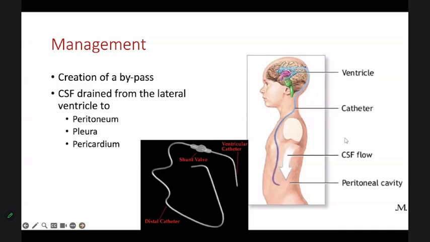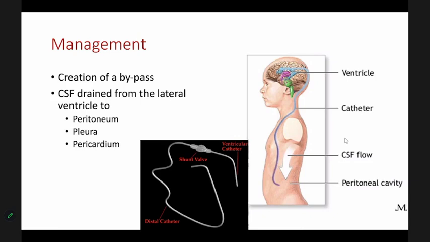Okay, so you create a bypass. This is how you create the bypass, obviously through a drainage system. You have 3 parts. You have the ventricular component, which is what goes into the ventricle. Then you have a valve so that you control the drainage, and nothing from this side goes into the ventricle, because then it causes infection.